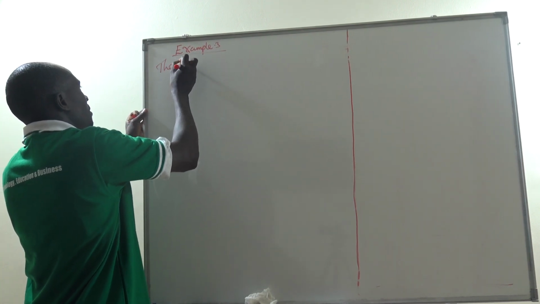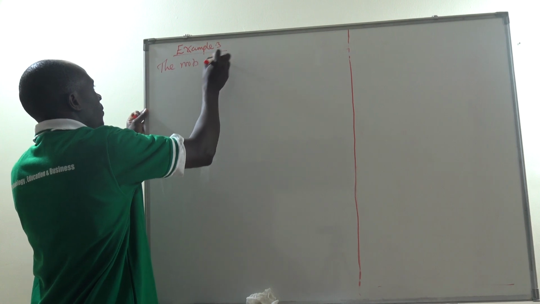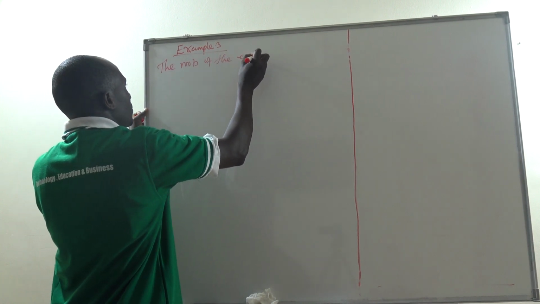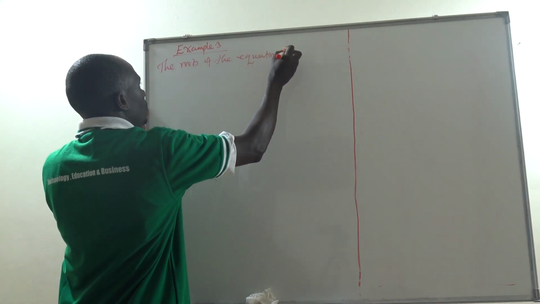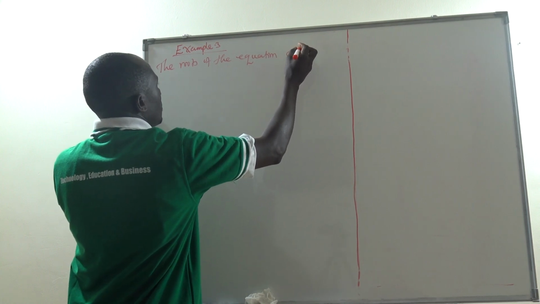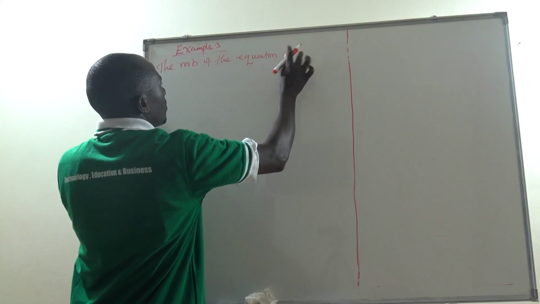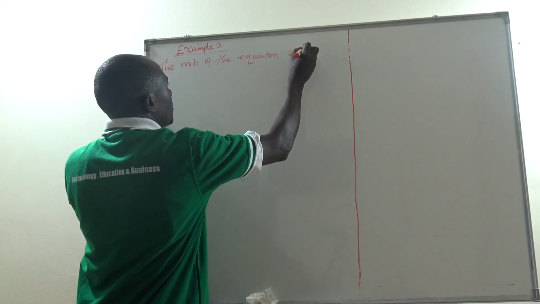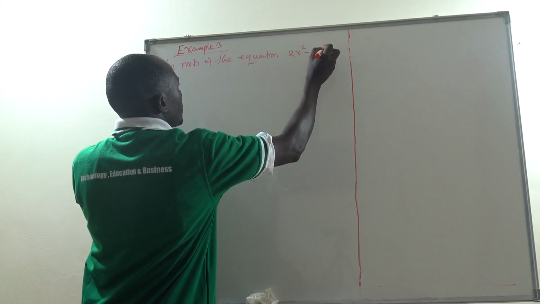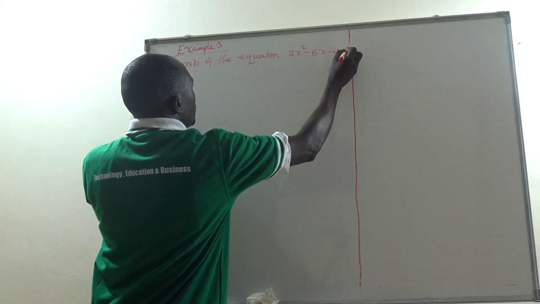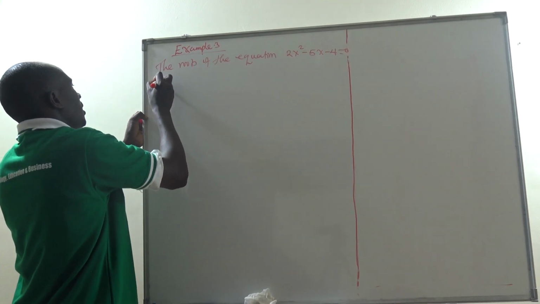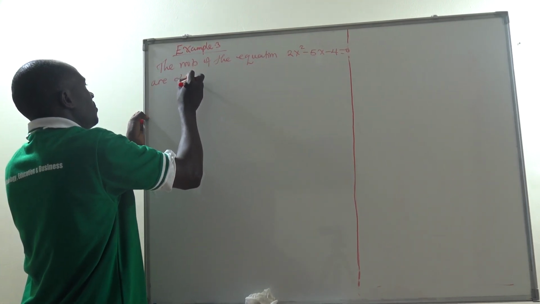The roots of the equation 2x squared minus 5x minus 4 equals 0 are alpha and beta.